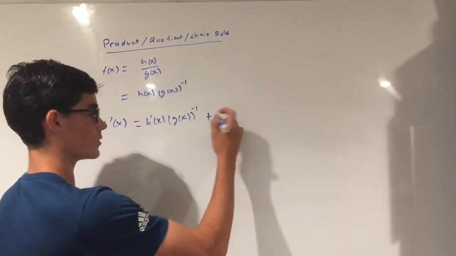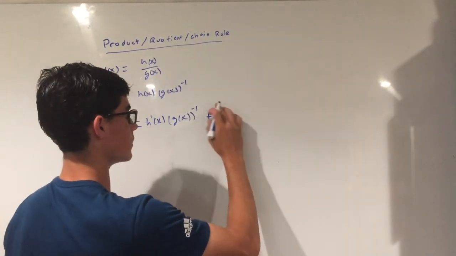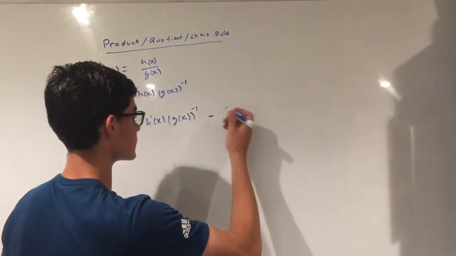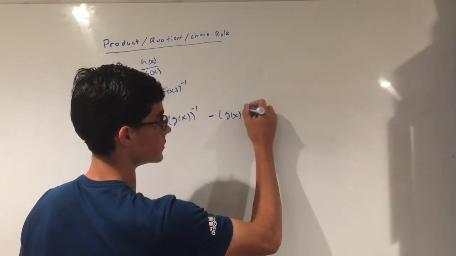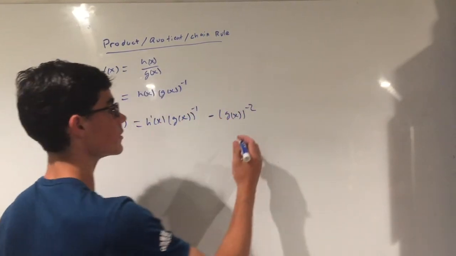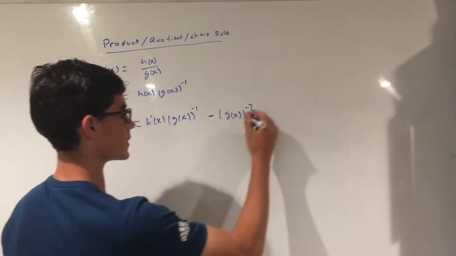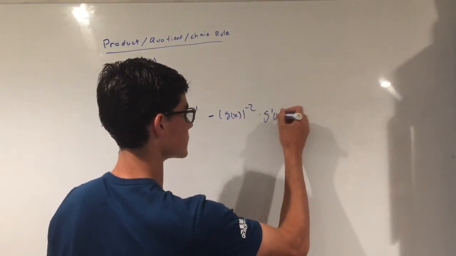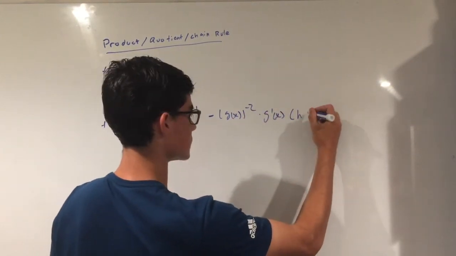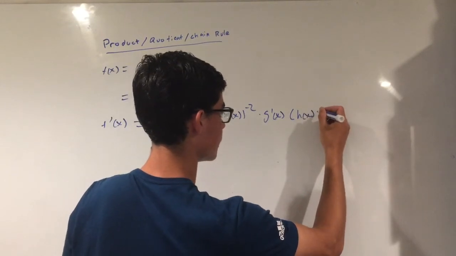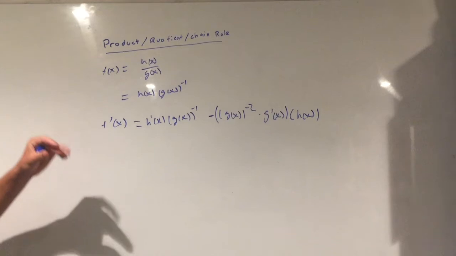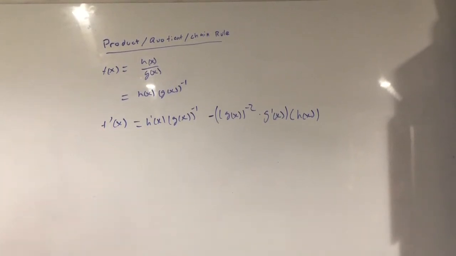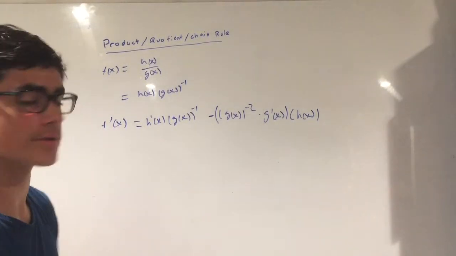And so taking this derivative would change this to minus g of x to the -2 through the power rule, times g prime of x times h of x. Although it looks a little complicated, let's jump into an example and it'll be easier to see.